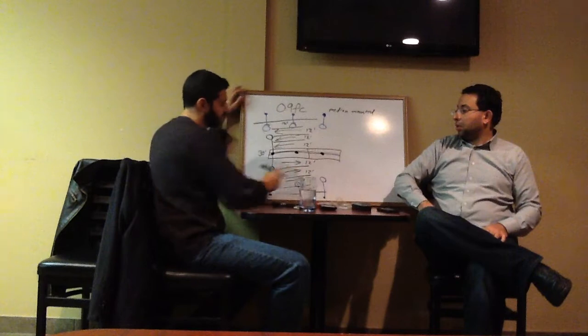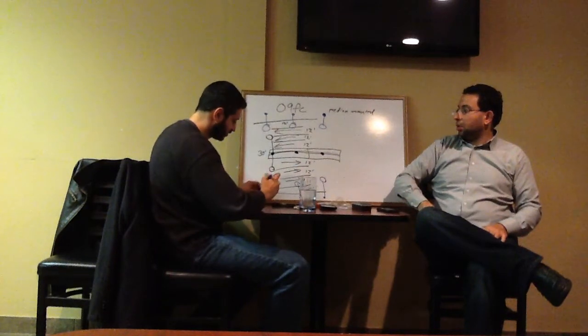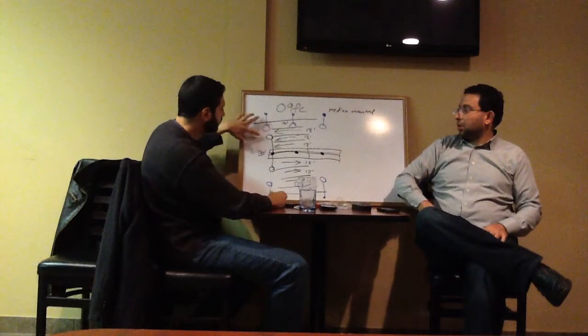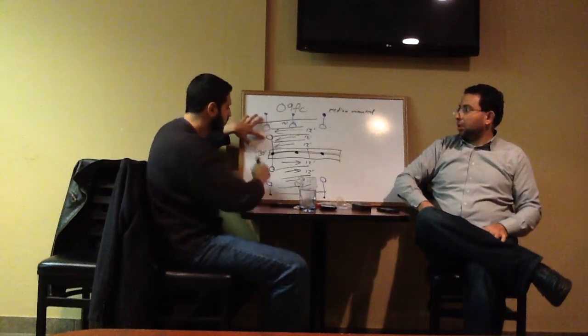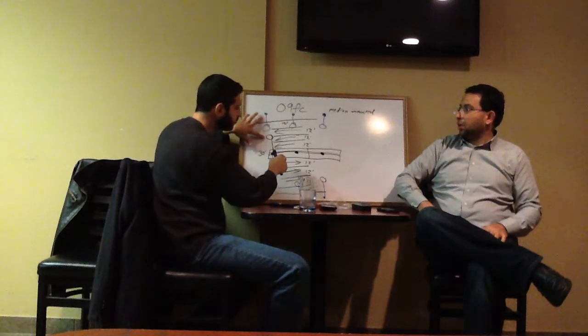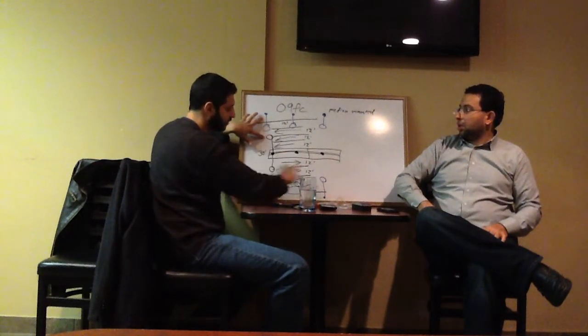And then the other option could be two rows. You would have one in the middle, one on the outside, and the same thing here, one in the middle, one on the outside.